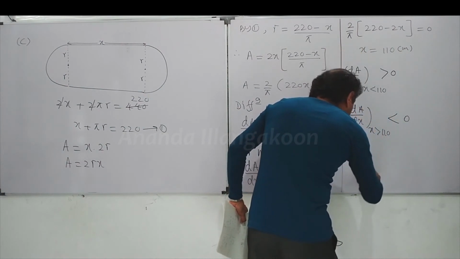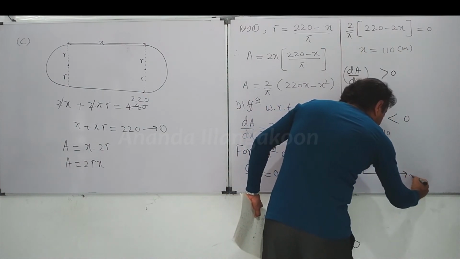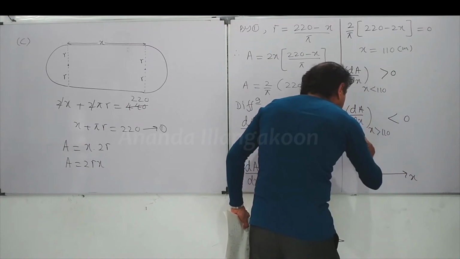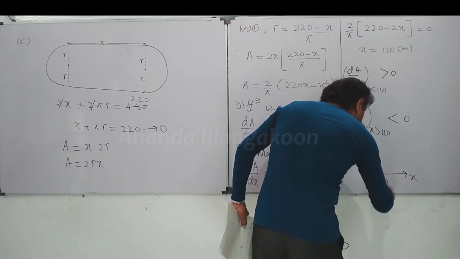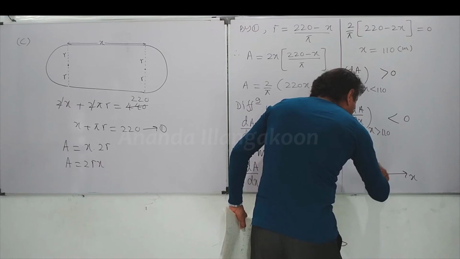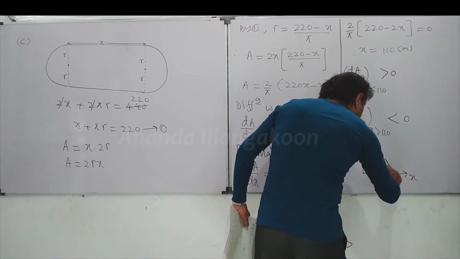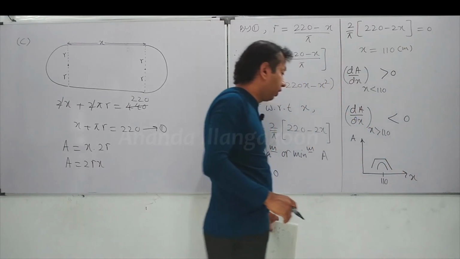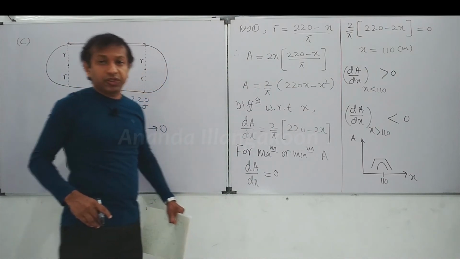Then I can see, this is the x, this is the A. At 110 of x, before 110 it is positive, after it is negative. Then x equals 110 meters, A is maximum.